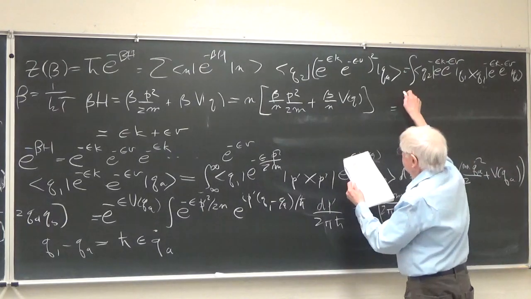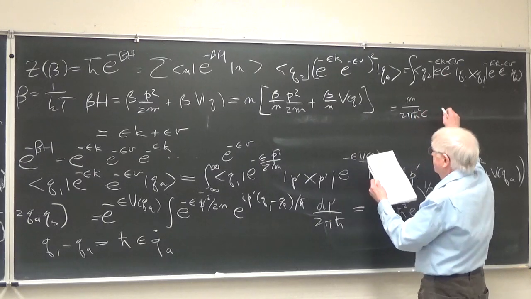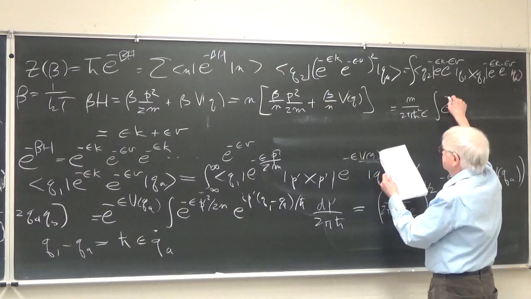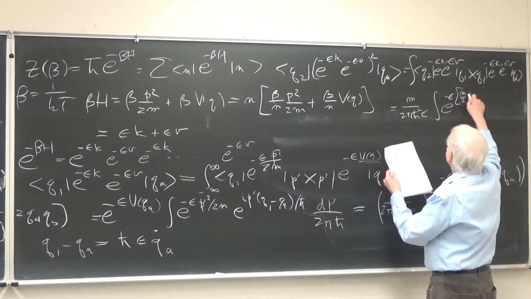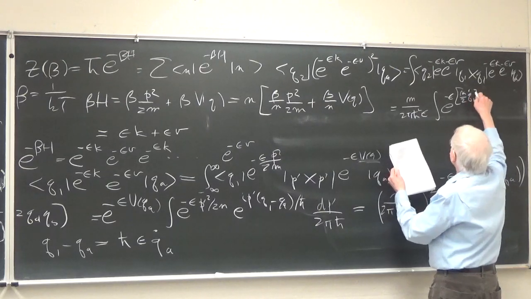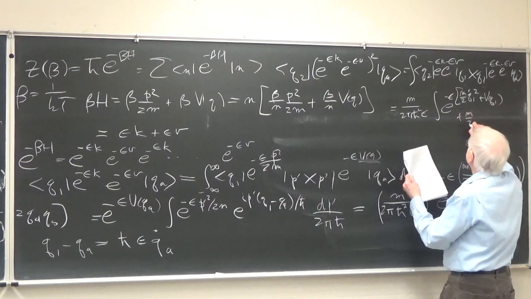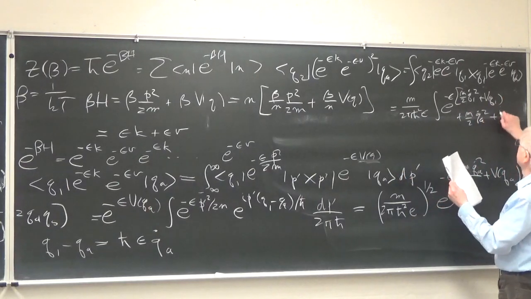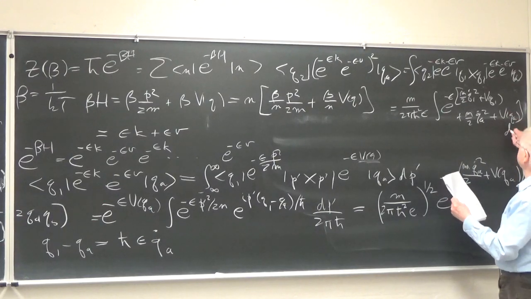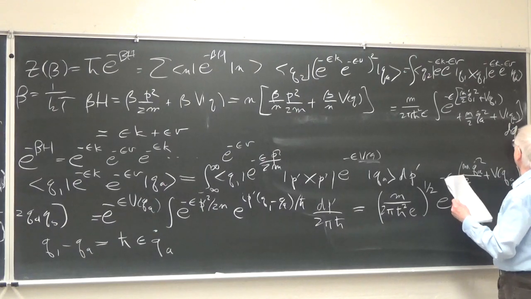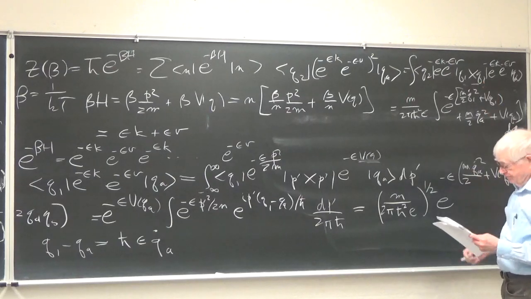And so this is m over 2 pi h bar squared epsilon, integral e to the minus epsilon, m over 2 q1 dot squared plus V of q1 plus m over 2 qa dot squared plus V of qa, and that's integrated dq1 now, because we inserted another complete set of states here.